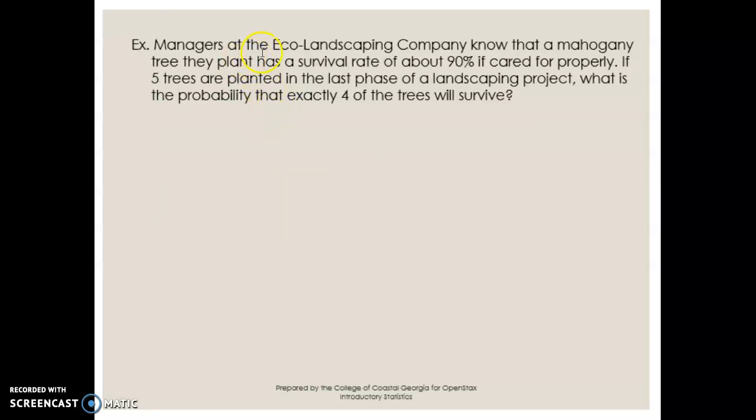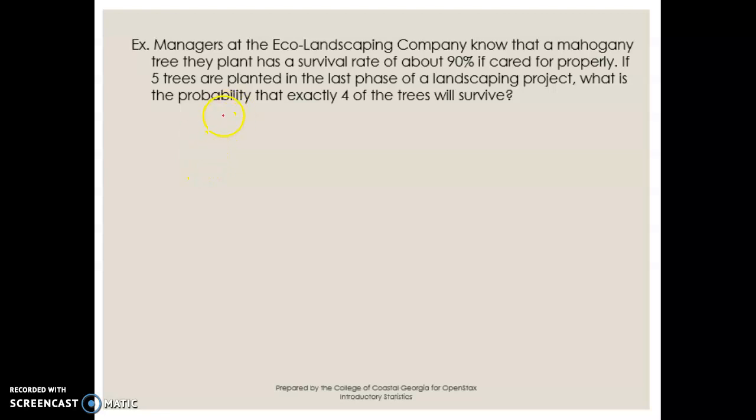Right here. Managers at the Eco Landscaping Company know that a mahogany tree they plant has a survival rate of 90% if cared for properly. If 5 trees are planted in the last phase of a landscaping project, what is the probability that exactly 4 of the trees will survive?